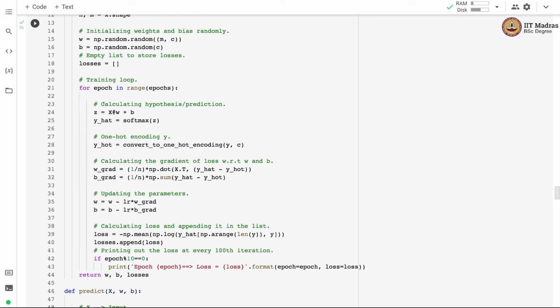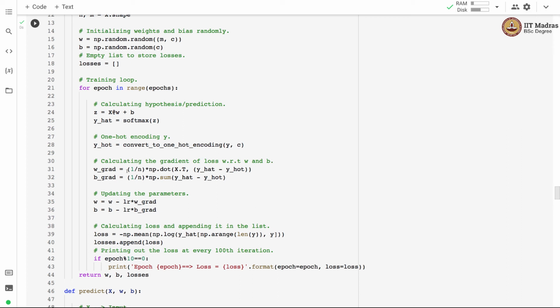And this is where the training loop is implemented. We first perform the linear combination followed by softmax activation. Then we convert our label vector into one hot encoding, and then we calculate the gradients of the loss with respect to w and b.